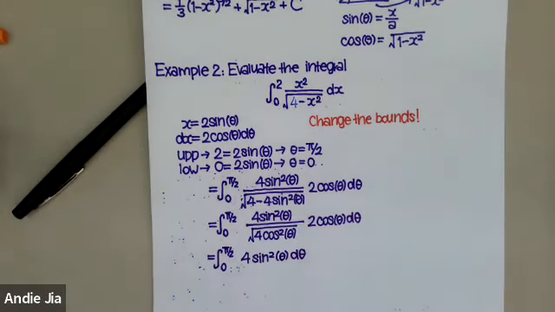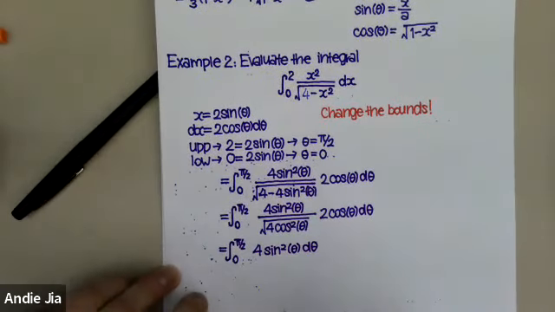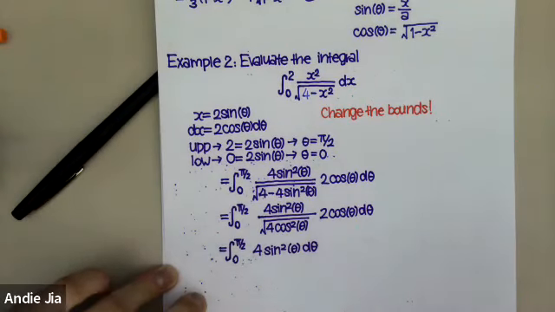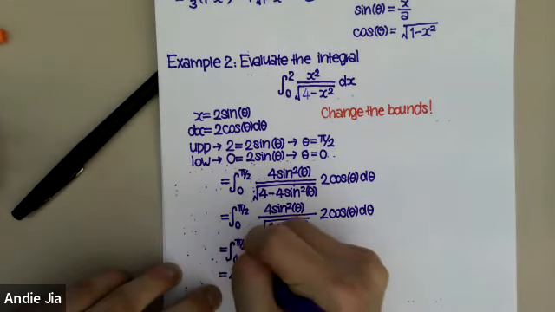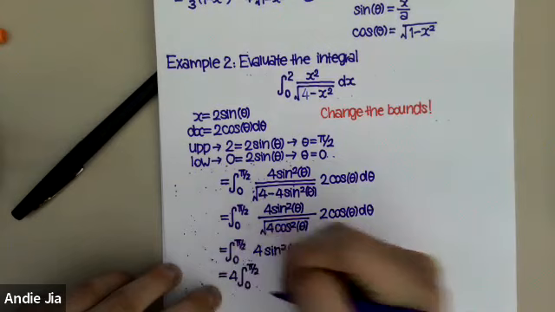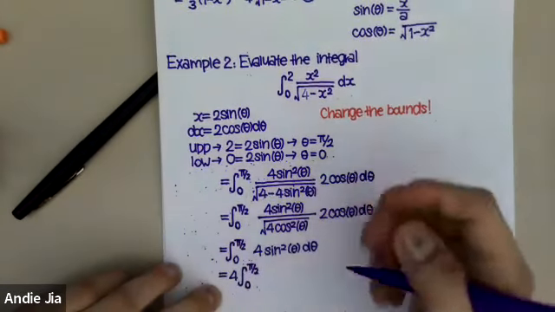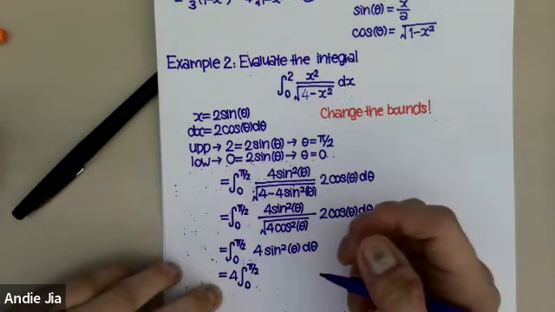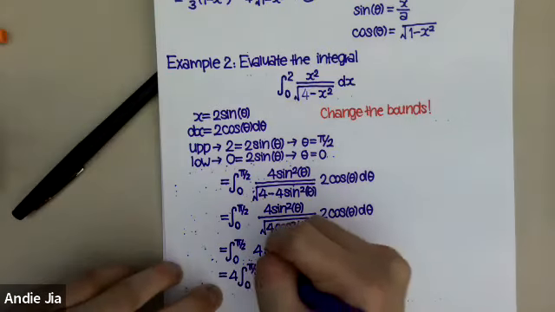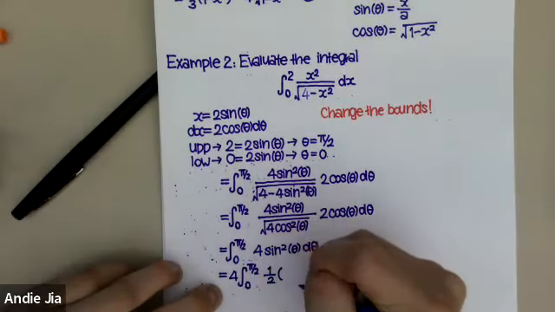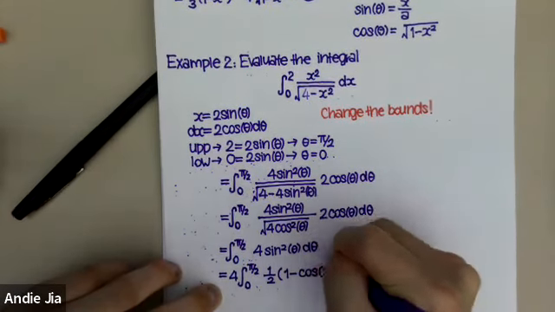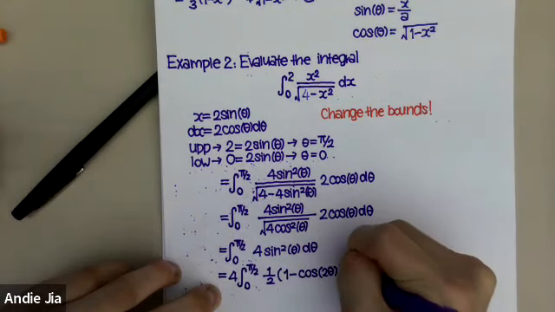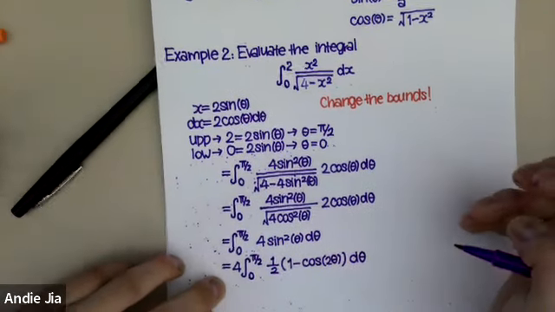Now 4 is a constant. We need to hack this integral, so let's hack it. This is using the double angle for sine squared. That's going to be one half of 1 minus cosine of 2 theta d theta.